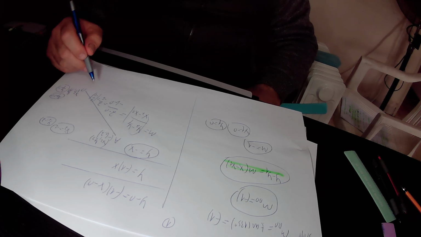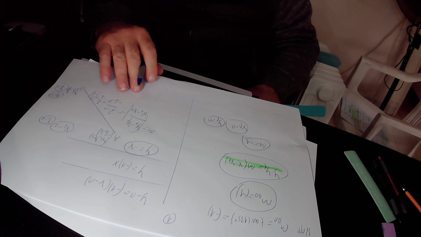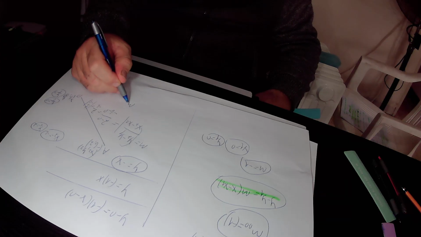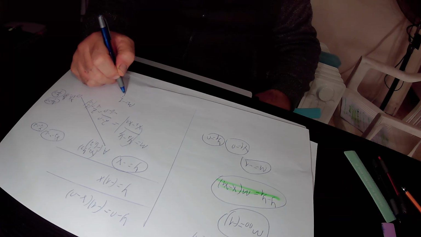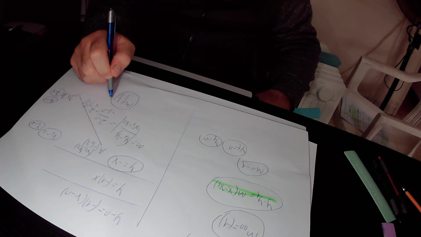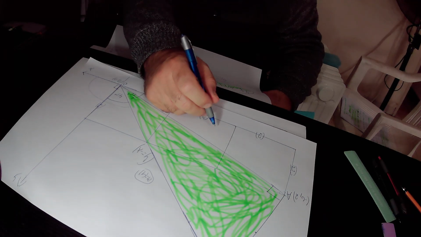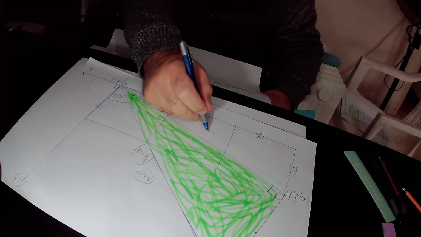So in total, we find that the slope of this straight line AO equals minus a third. m equals minus a third.